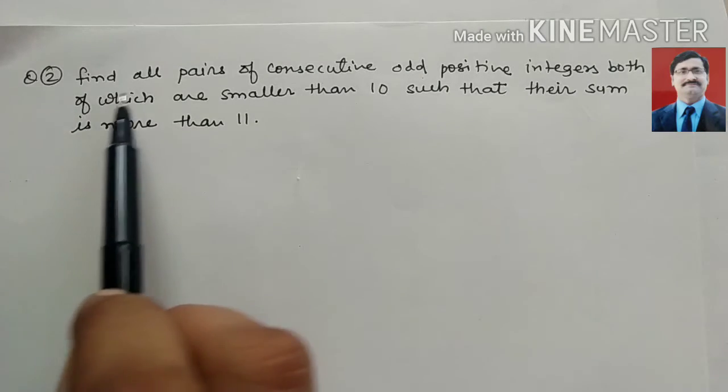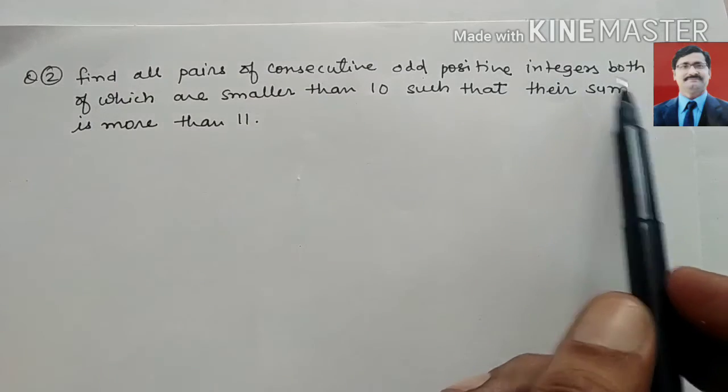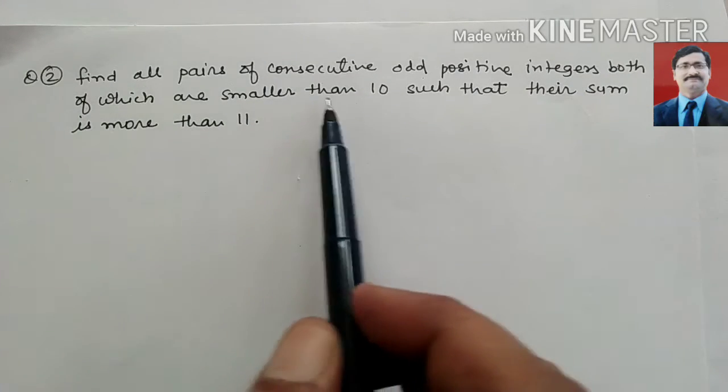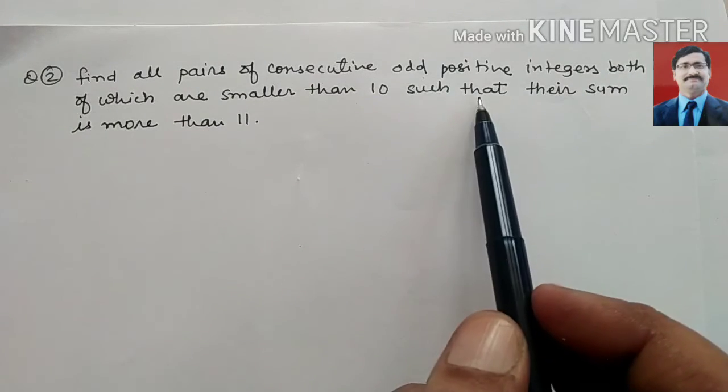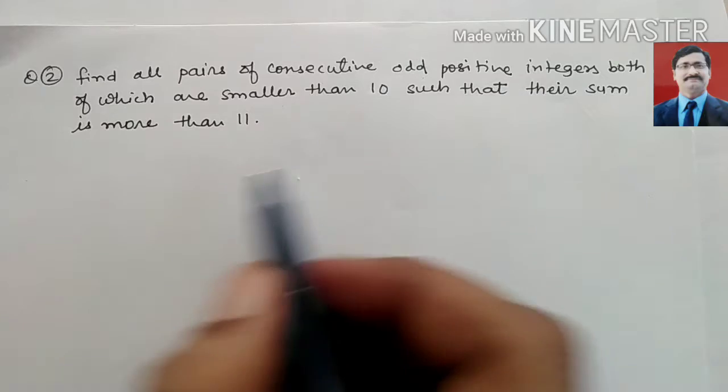Look at one question: find all pairs of consecutive odd positive integers both of which are smaller than 10 such that their sum is more than 11. Look here, 2 consecutive odd integers we have to suppose.